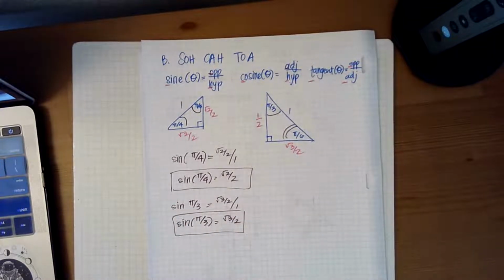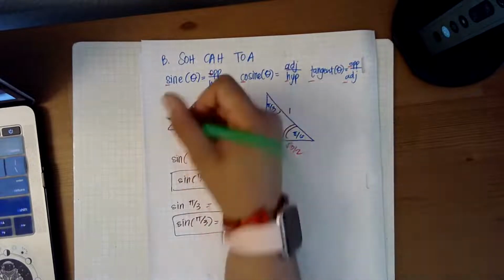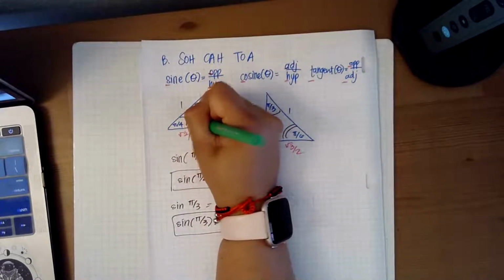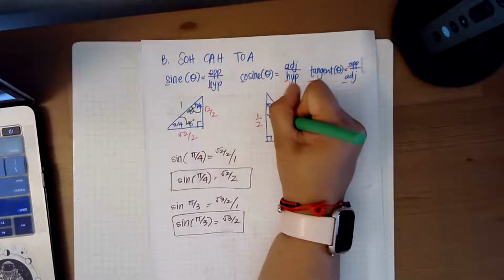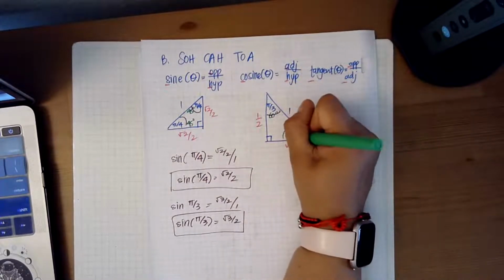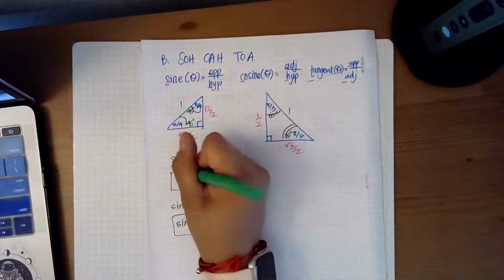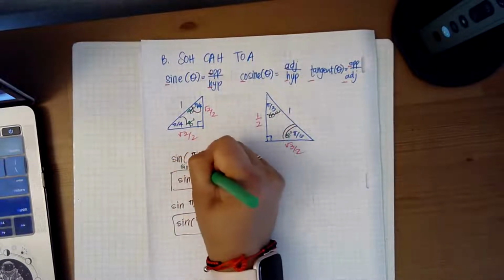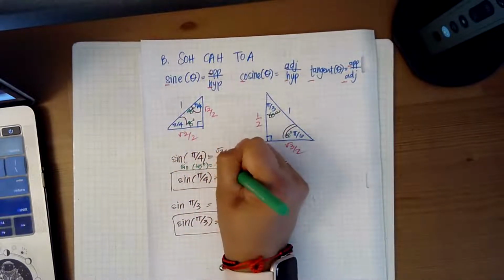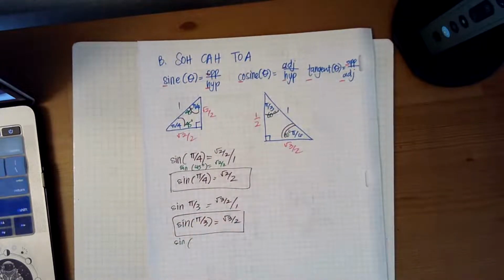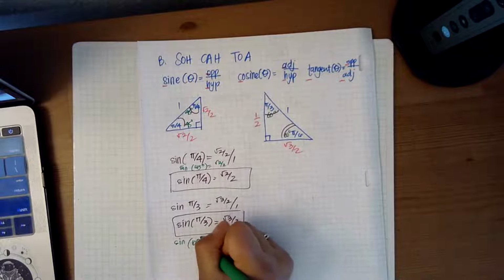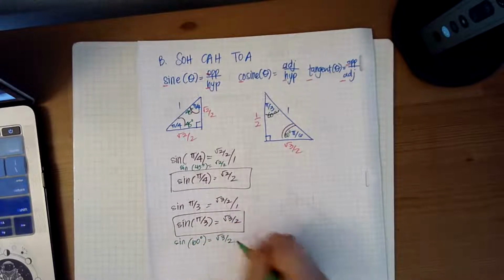If you want to make sure that you still recognize this, that's 45 degrees, that's 45 degrees. This here is 60 degrees, this here is 30 degrees. So I just said sine of 45 degrees is equal to radical 2 over 2. Sine of 60 degrees is radical 3 over 2.